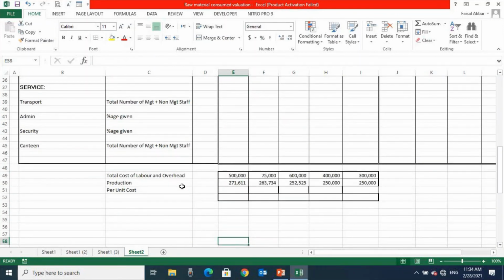The cost included labor and overheads. Now in this exercise, we have calculated production of each department. So we are in a position to calculate our per unit cost of labor and overhead allocatable to each department.